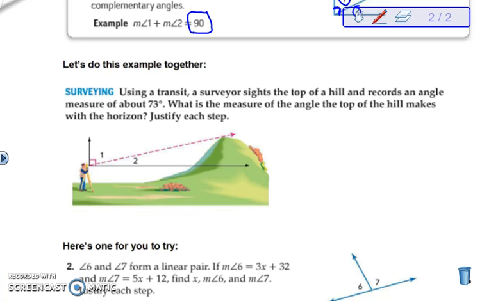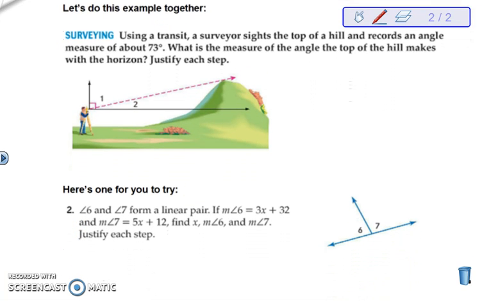So our example. We have a transit. The surveyor sights the top of a hill and records an angle with a measure of about 73 degrees.